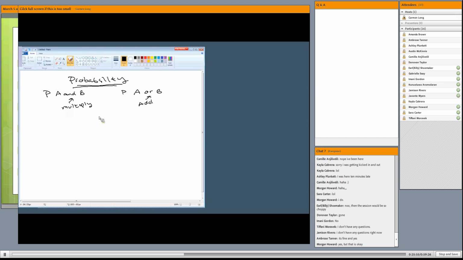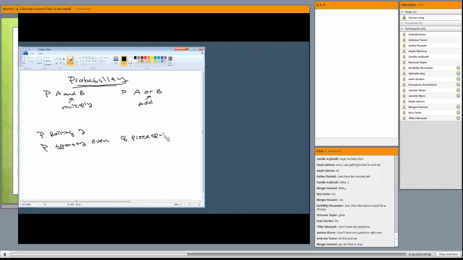Okay, so let's say you have the probability of rolling a 2 on a 6-sided die, and the probability of spinning an even on an 8-piece spinner.